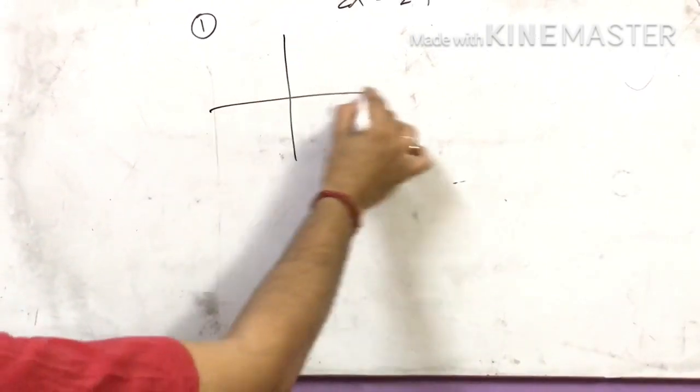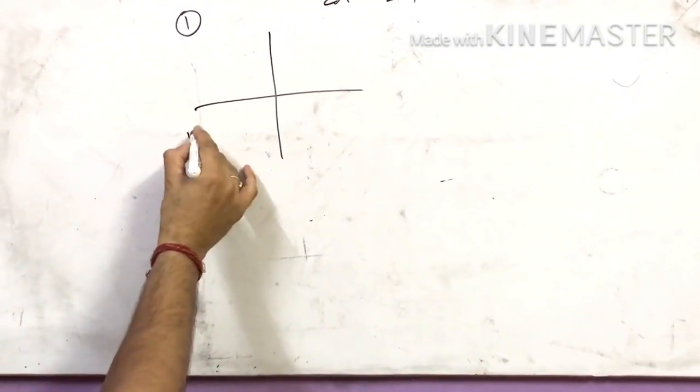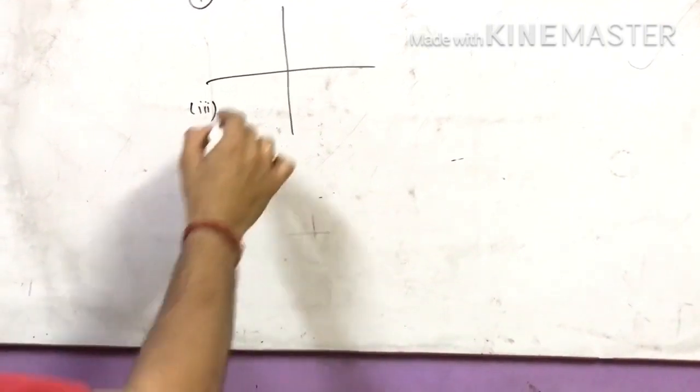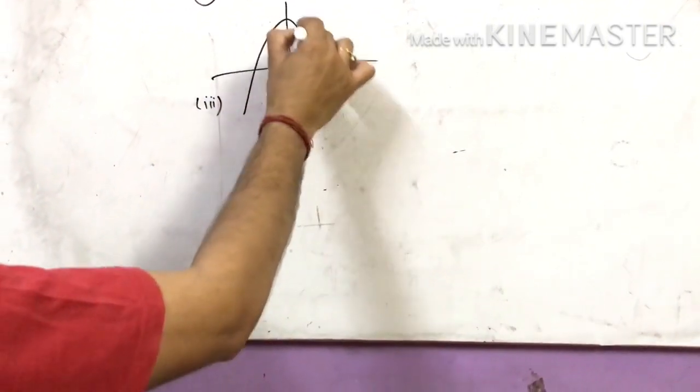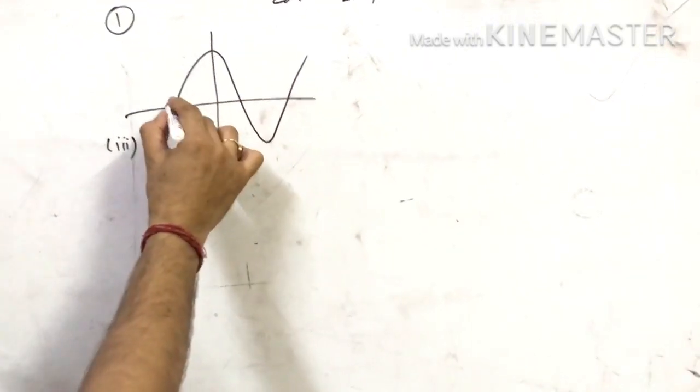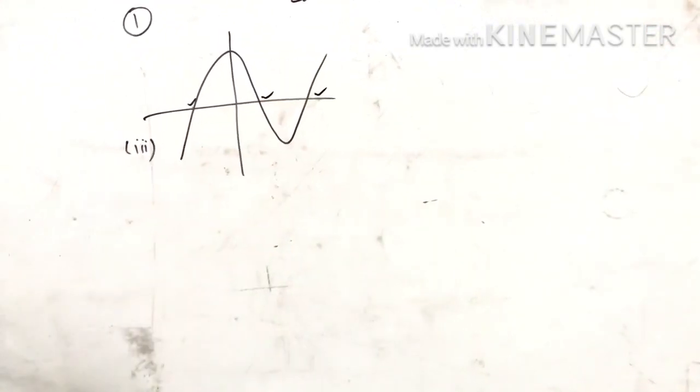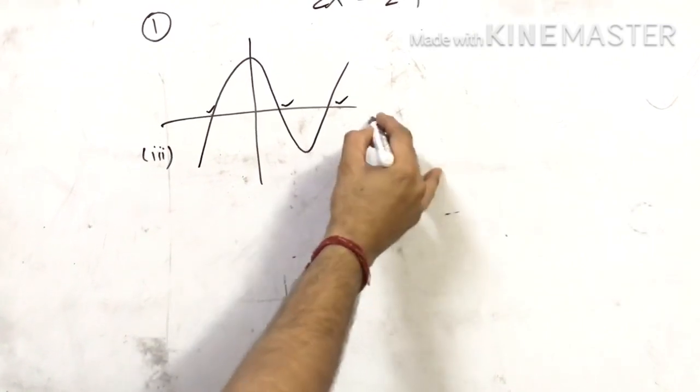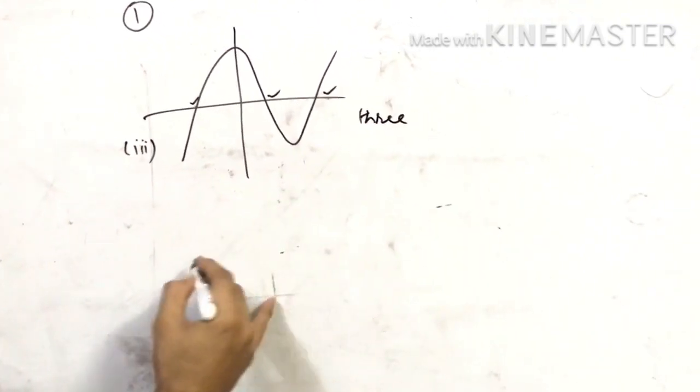Similarly you can go on. The third part is, you can see it is touching the x-axis here, here and here. So how many zeros? There will be 3 zeros.